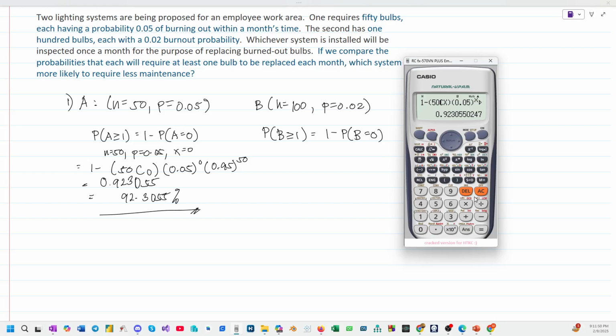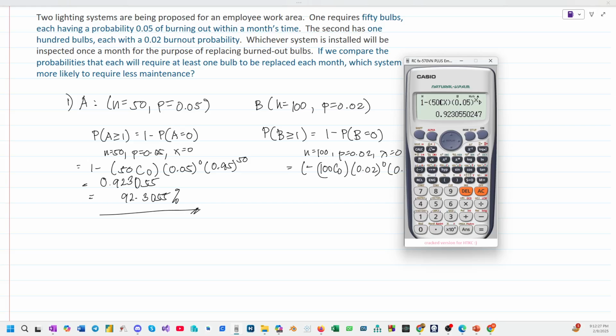Then, solve natin kay B. N equals to 100. P equals to 0.02. X equals to 0. So, ang nagbago naman dito ay yung N. So, 1 minus 100 combination of 0, 0.02 raised to 0, 0.98 tama ba? 98 no?